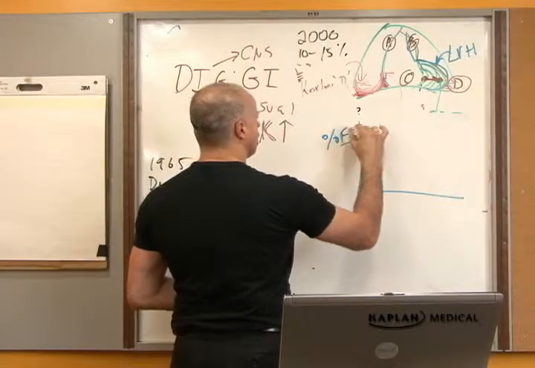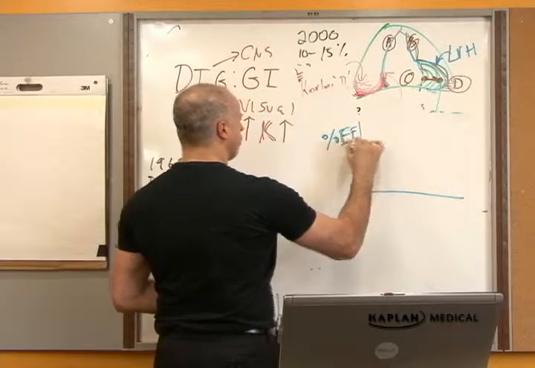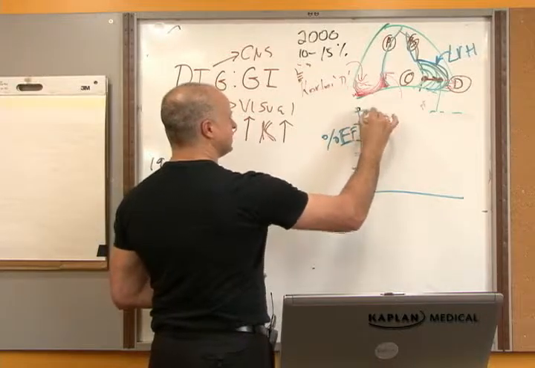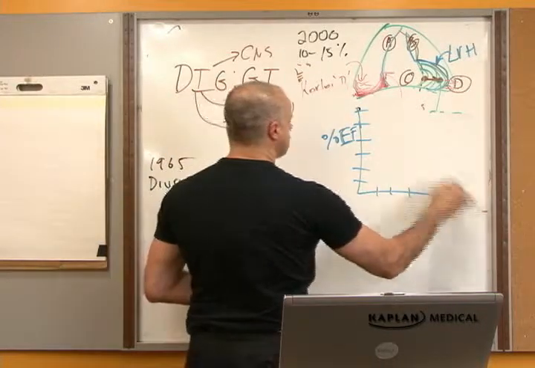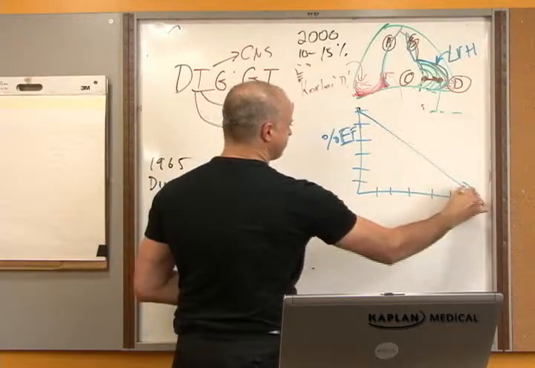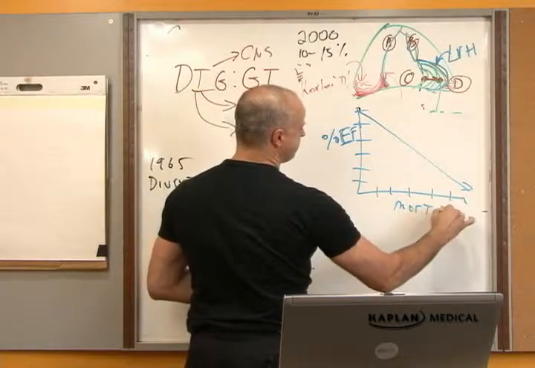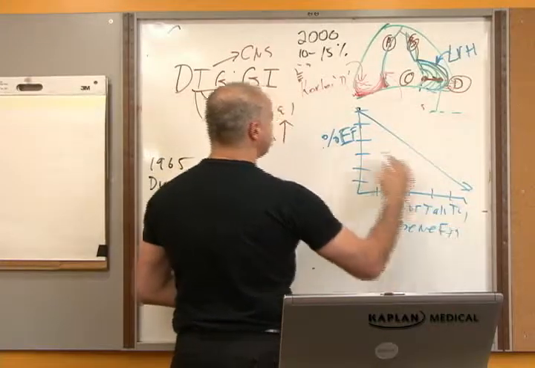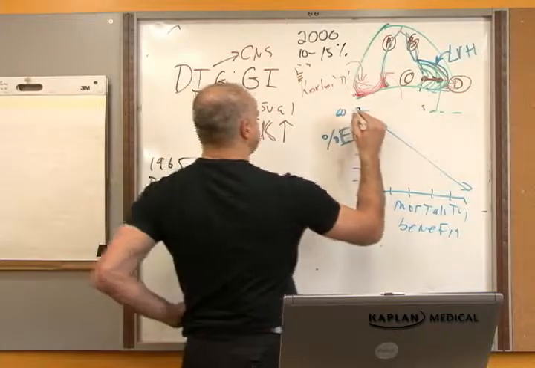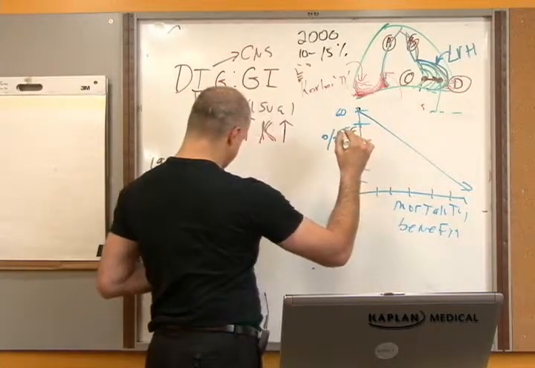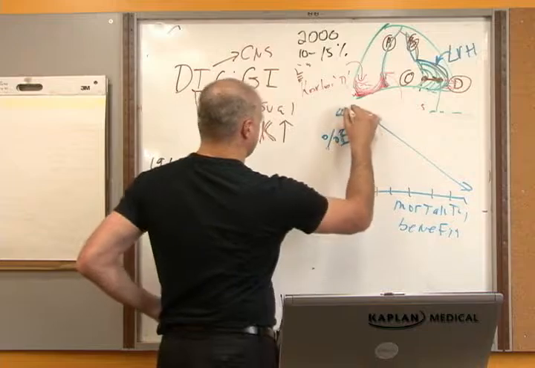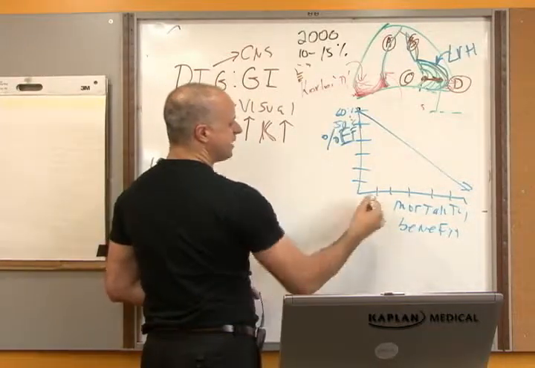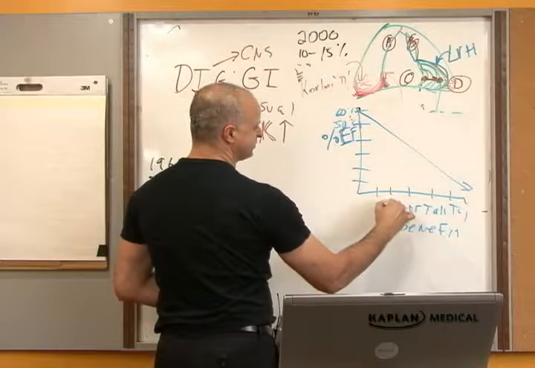How low does it have to be before you withhold the beta blocker? The answer is that the lower the ejection fraction, the greater the mortality benefit, the survival benefit. In other words, if you have a normal ejection fraction of 50 to 60%, your mortality benefit here is less than 10%.